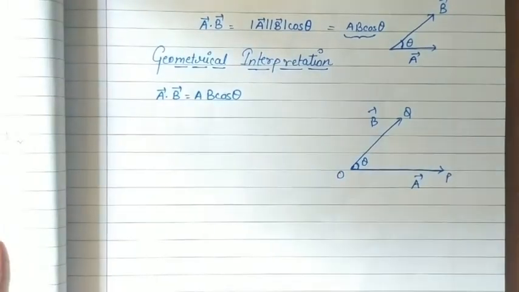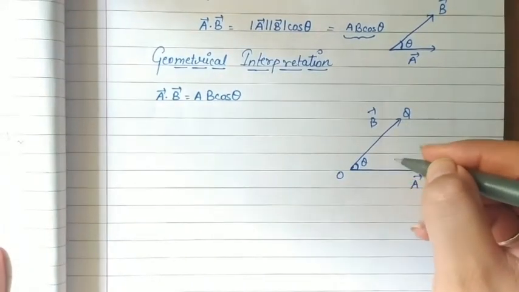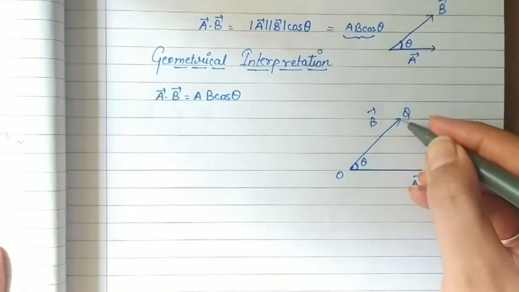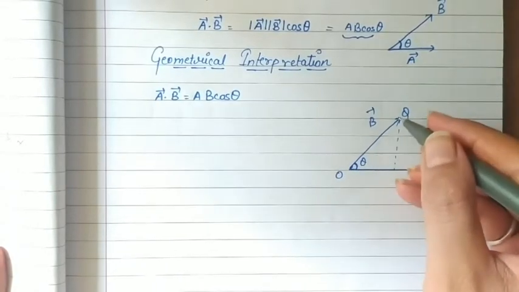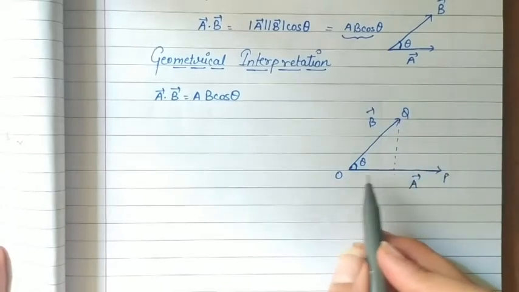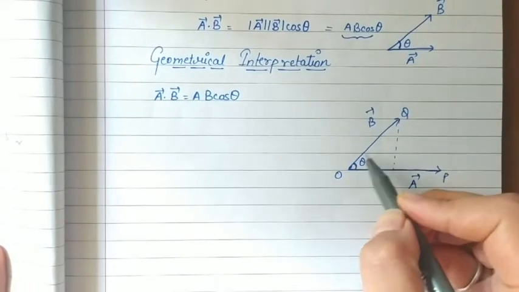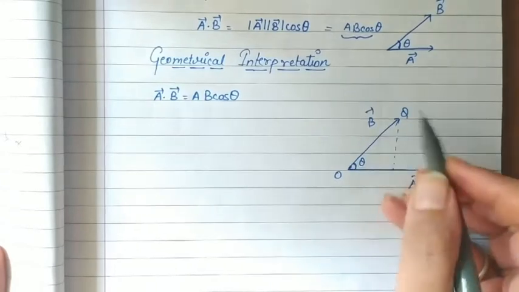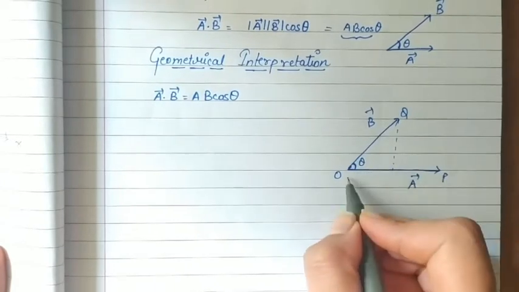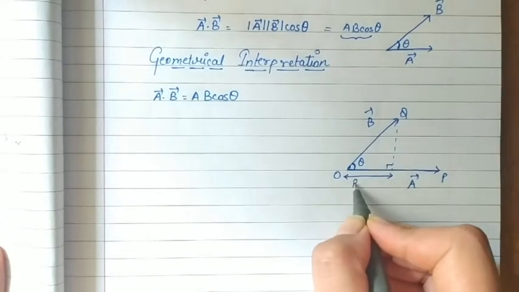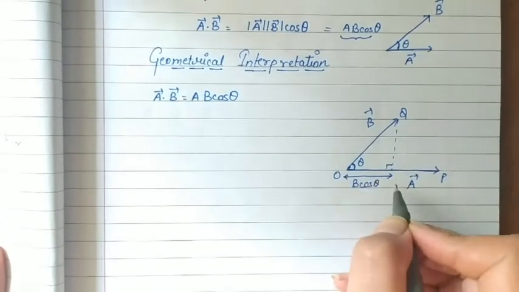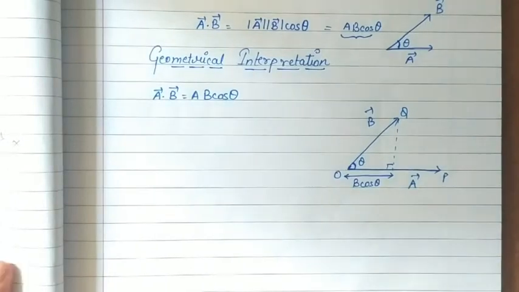If I draw a perpendicular from Q on OP, then I get the projection of this B vector over OP. The value of this projection, meaning this distance, is B cos theta.